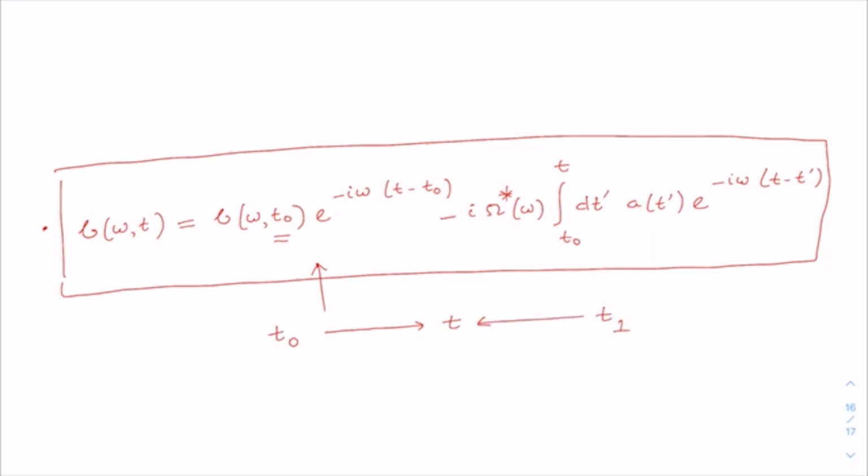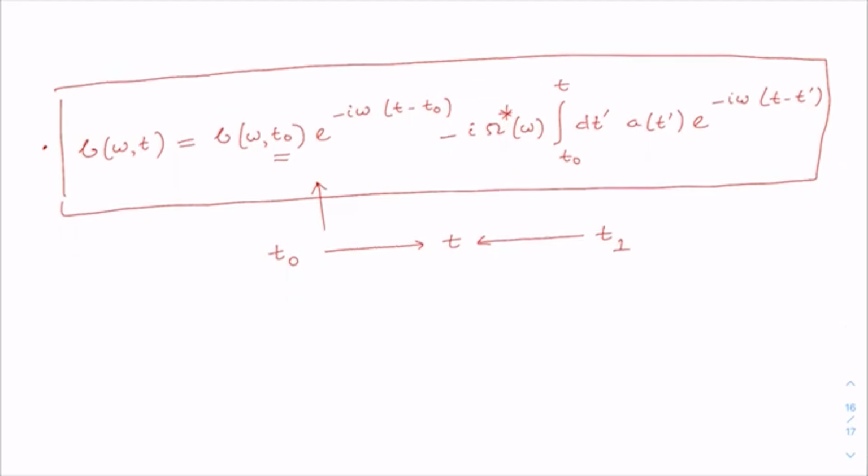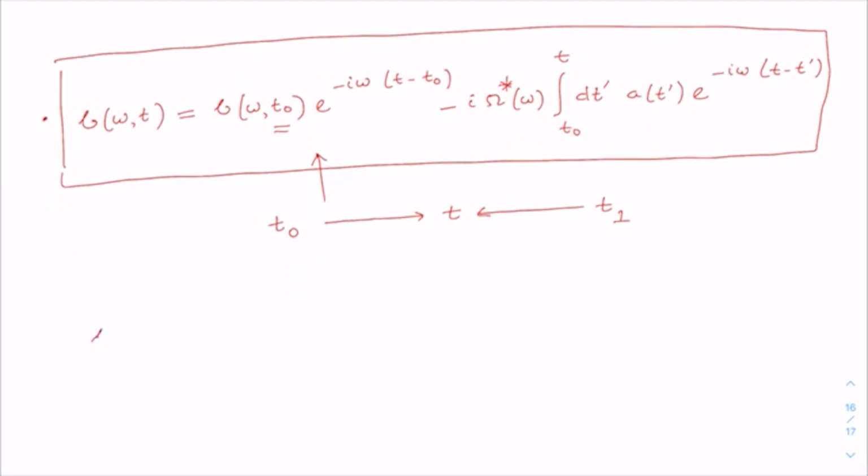That means we can go in the backward direction in time. If we do that, then we'll get a solution of this type: b of omega t would be equal to b of omega t1 e to the power minus I omega t minus t1.